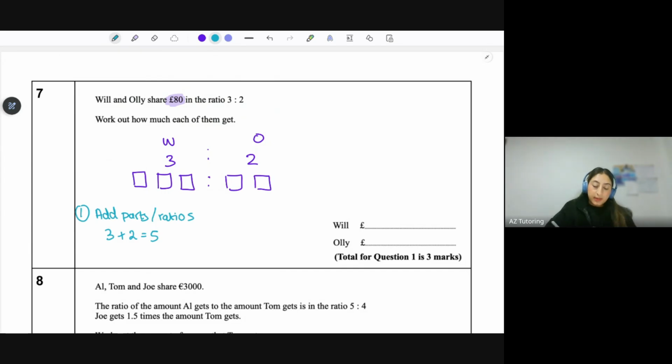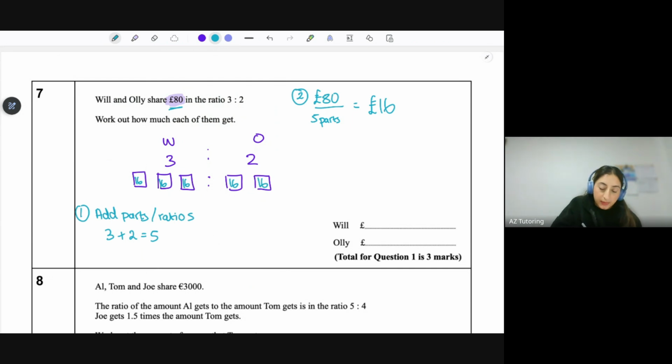So then the next step is to divide the total amount by the number of parts so we can see what each part is going to be worth. So £80 divided by the 5 parts. 80 divided by 5 is just £16. So what that's essentially saying is each part is just 16. So that's 16, that's 16, that's 16, that's 16, and that's 16.